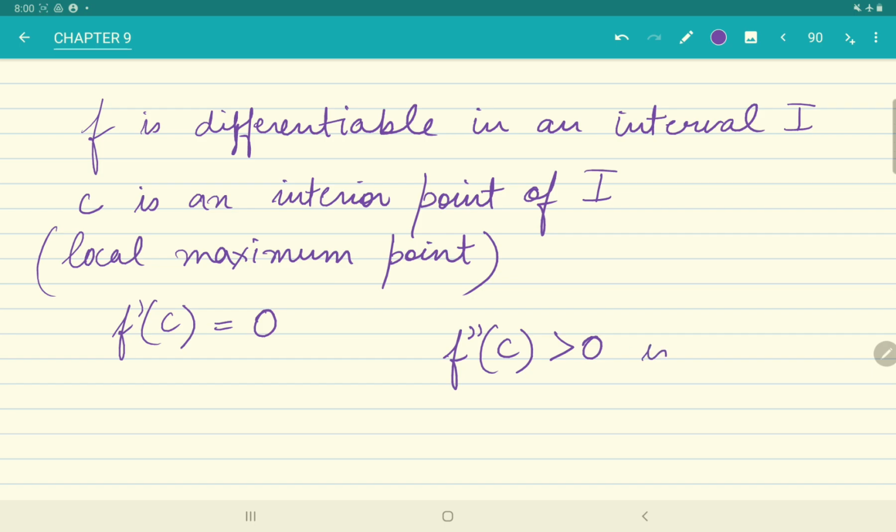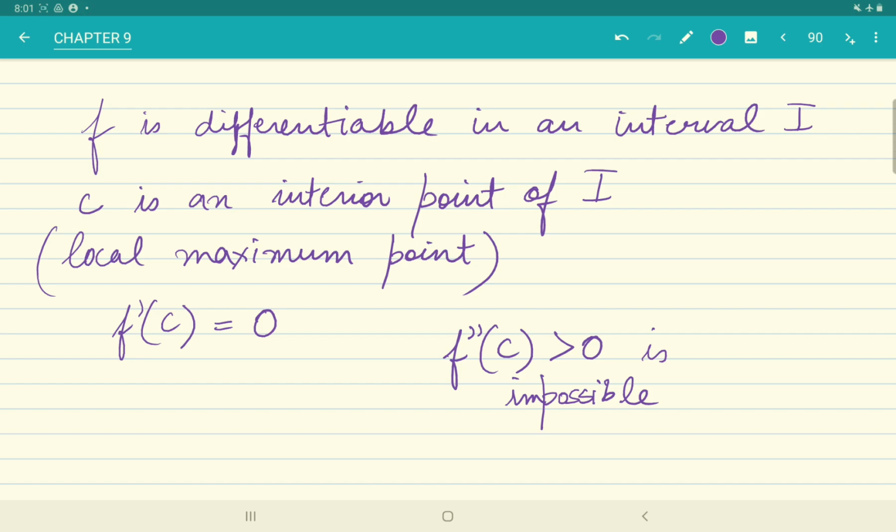That is, this is impossible, because if I know that f prime c is definitely equal to 0, and I cannot have f double prime c greater than 0, because if that is the case, that would mean that c is a strict local minimum. From what we have just studied, that would mean that c is a strict local minimum, and that's not the case. I'm given in the first place that c is a local maximum point.